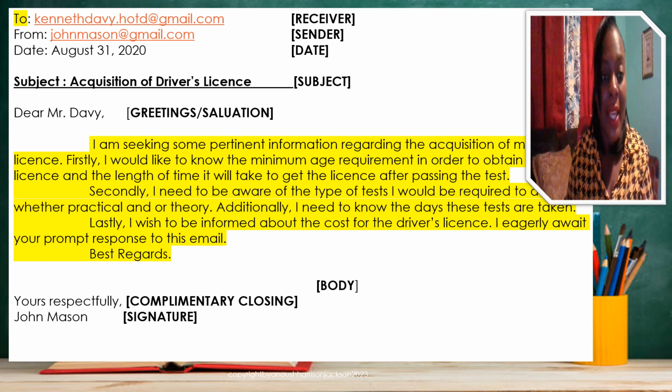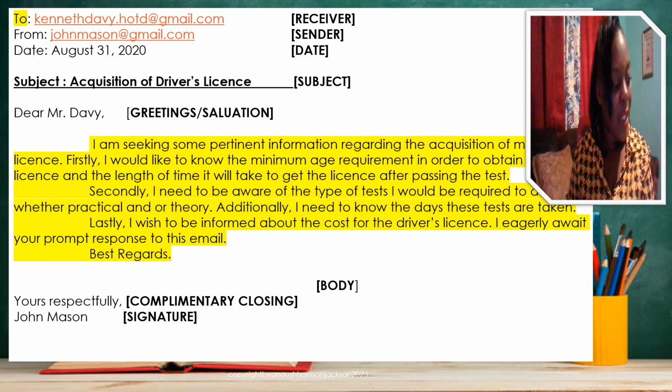Okay, and then of course we had the greetings or salutation, which would have been here, dear Mr. Daly. And of course we have the body of the email, right, where you had the message. And of course it starts from I am seeking pertinent information, and it ends with best regards. Okay, so all of that information there would be the body of the email.